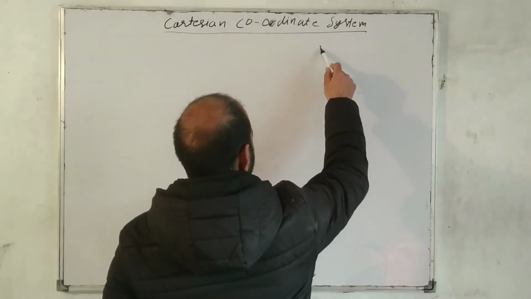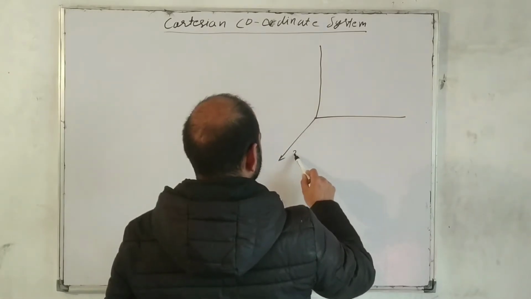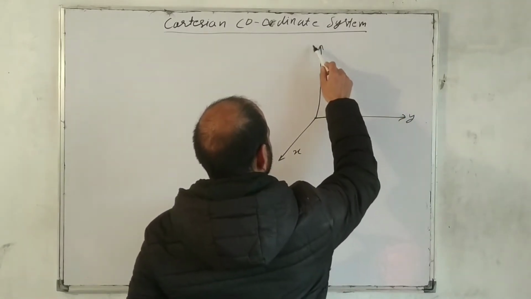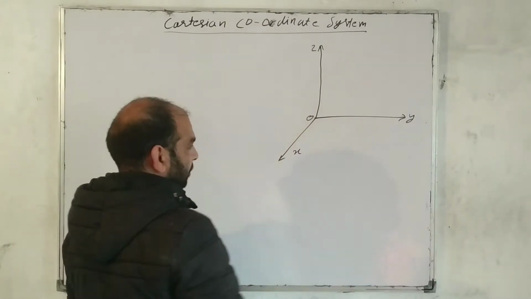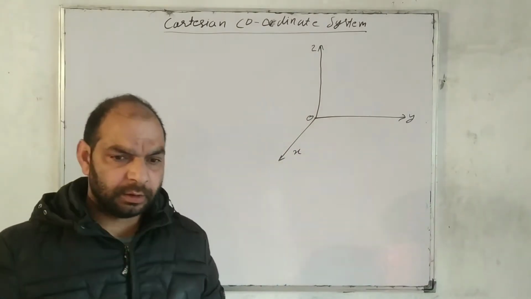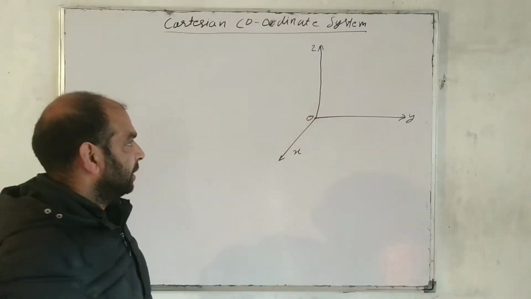So we have three axes, x, y and z axis. This is the origin of the system. So we will start all the observations from this point.